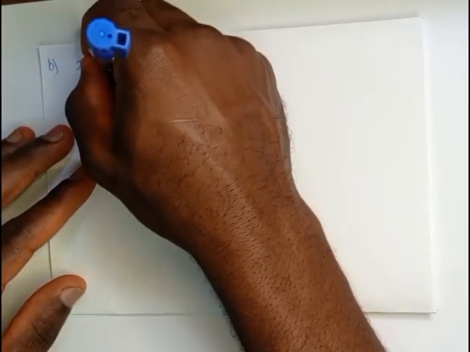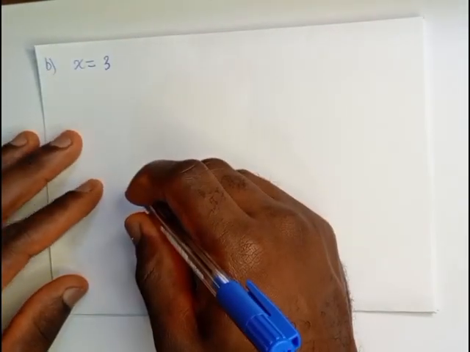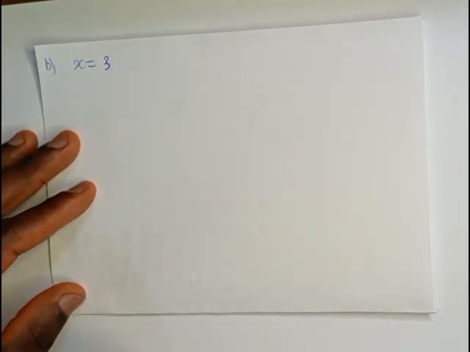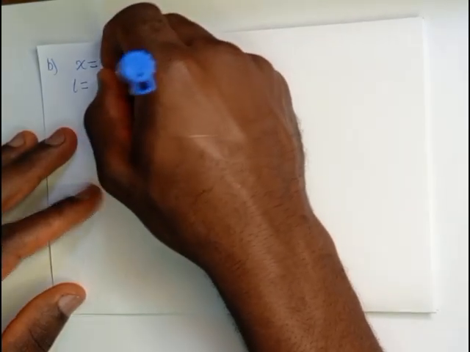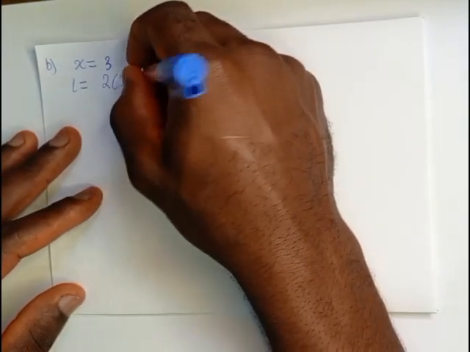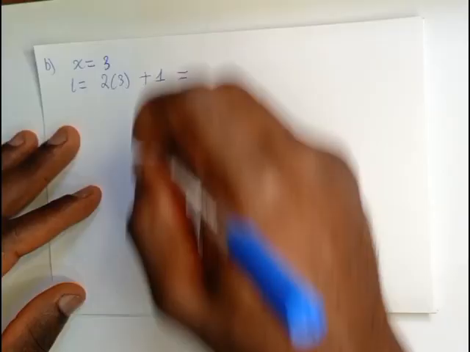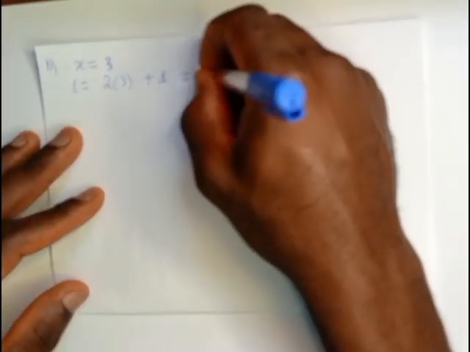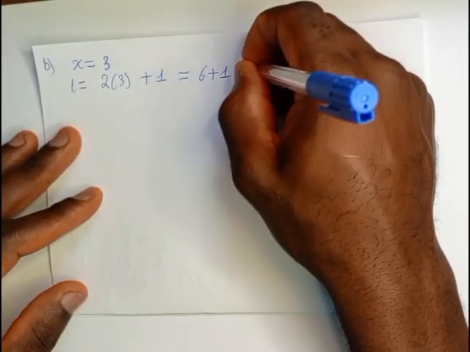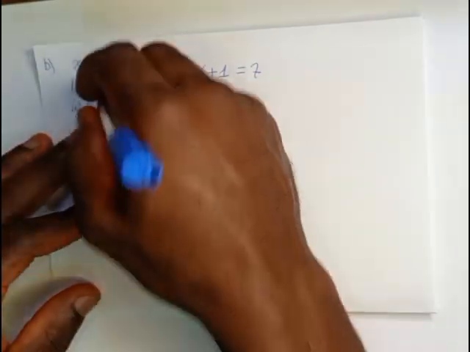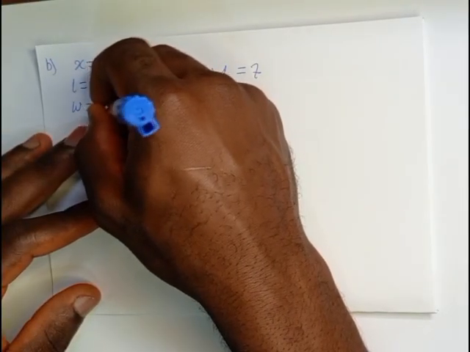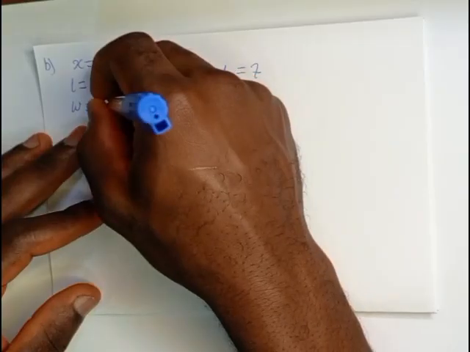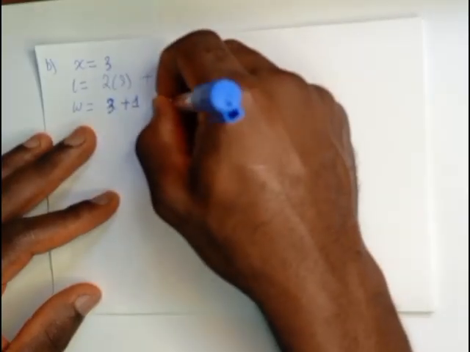Go now to B. x is equal to 3. First, we need to start by finding the length, the width, and the height, their values. The length will simply be equal to 2 times, we are going to replace x with 3, plus 1. This will simply be equal to 2 times 3 gives us 6, plus 1, which is equal to 7. The width will simply be equal to 3 plus 1, which is equal to 4.